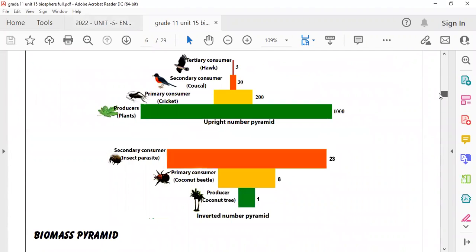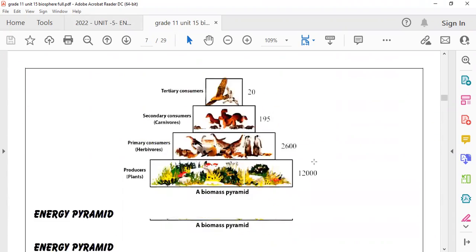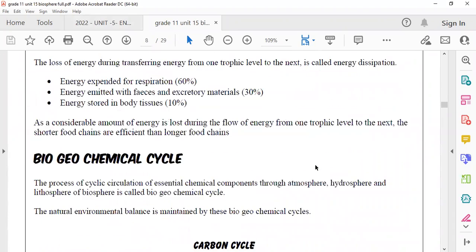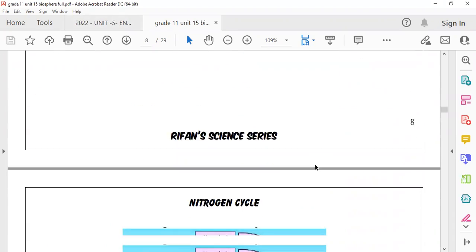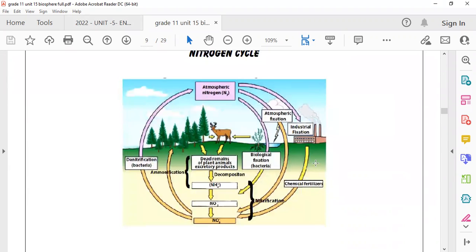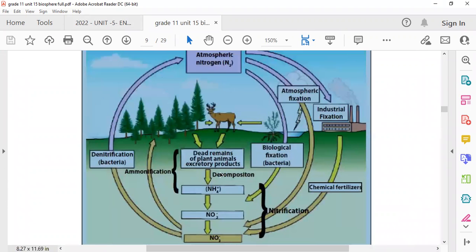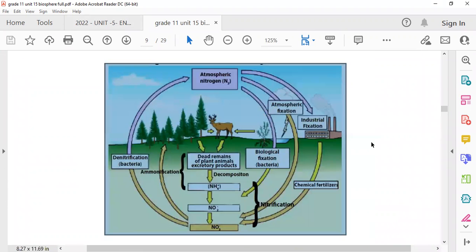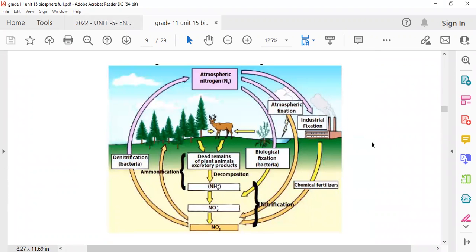My dear children, this is the continuity of the biosphere lesson. In this lesson, we are going to speak about the nitrogen cycle. Today, I think we can discuss and complete the nitrogen cycle.